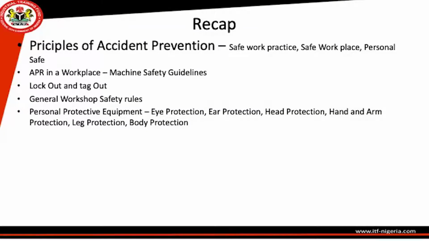What are the recaps? We have been able to itemize those factors to be considered when we are trying to prevent accidents. We did mention safe workplace, which is very key. We mentioned safe work practices. And of course, we looked at personal safety. After all, personal safety of every individual is that individual's responsibility.